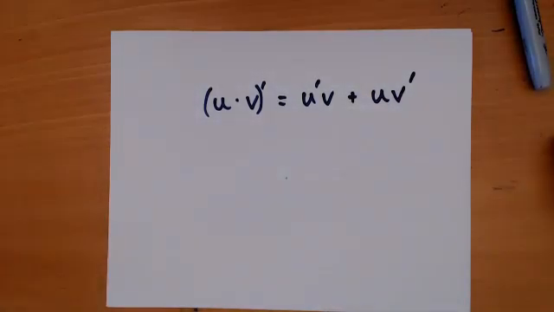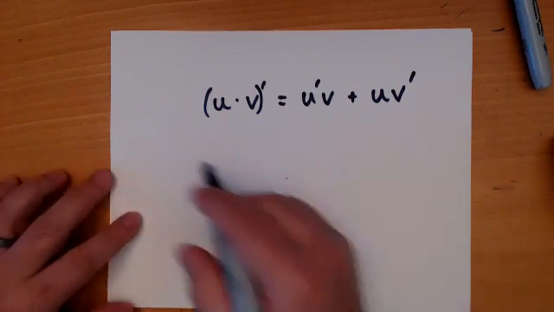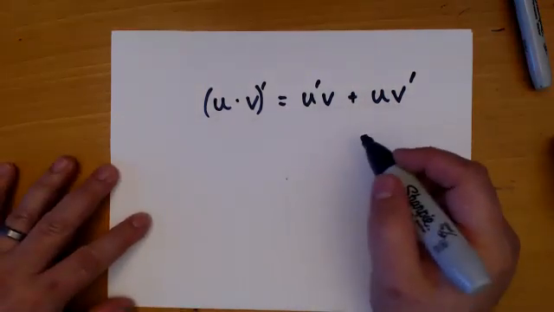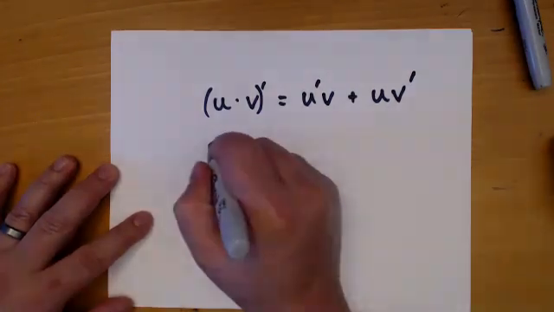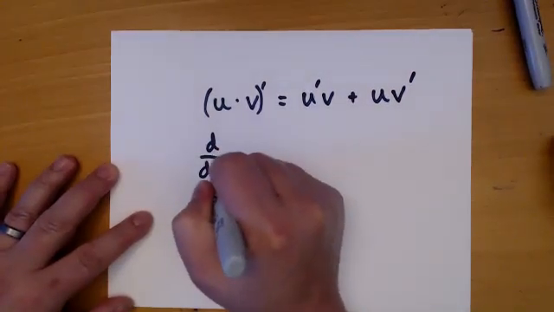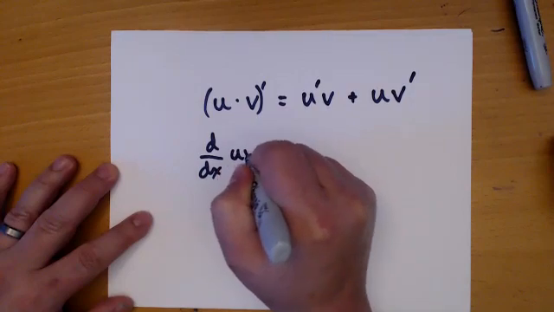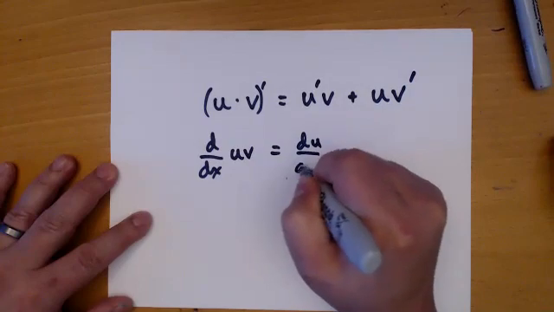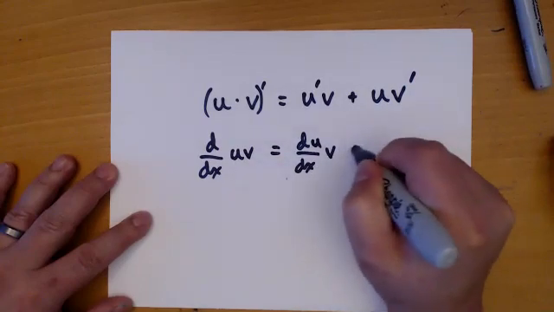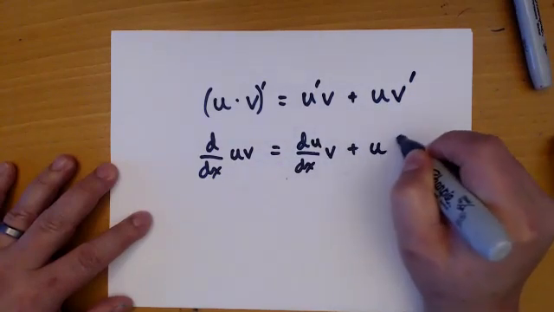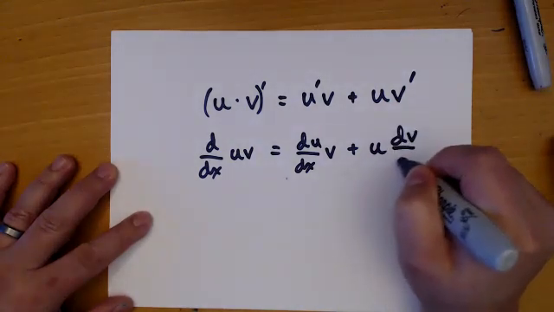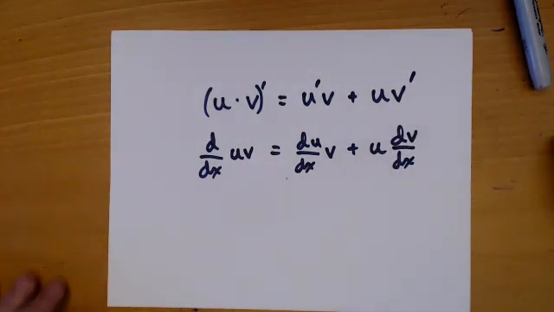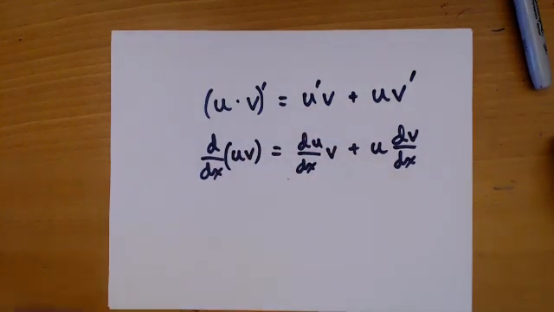That's your product rule, old school stuff that you did a long time ago. Let's put this back into Leibniz notation, and so we have d dx of uv is equal to du dx v plus u dv dx. Okay, so that's your Leibniz notation, and I'm just going to wrap that in there.